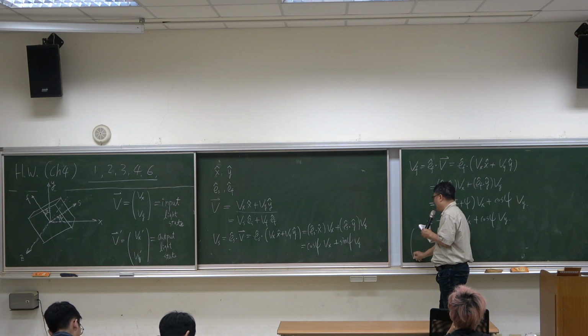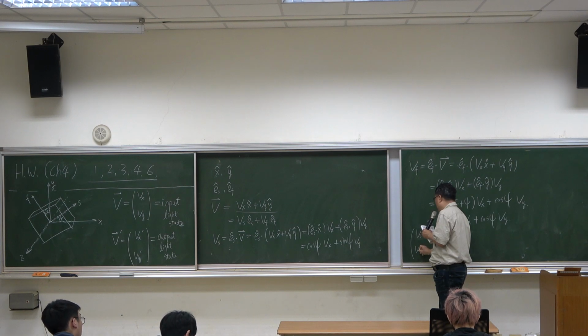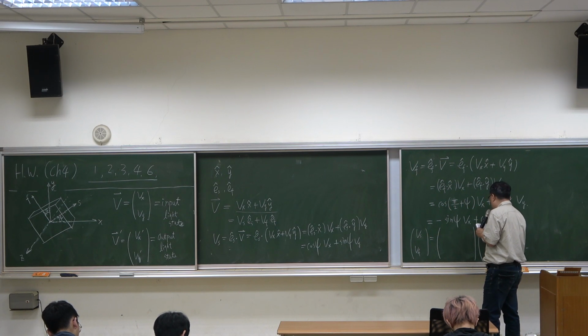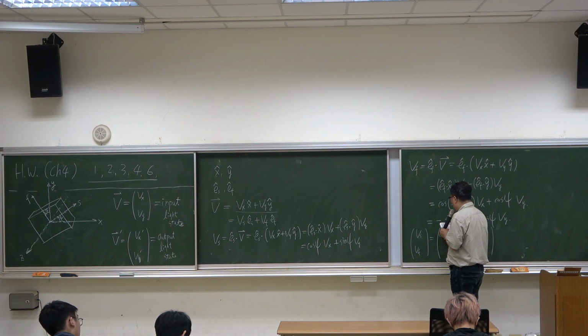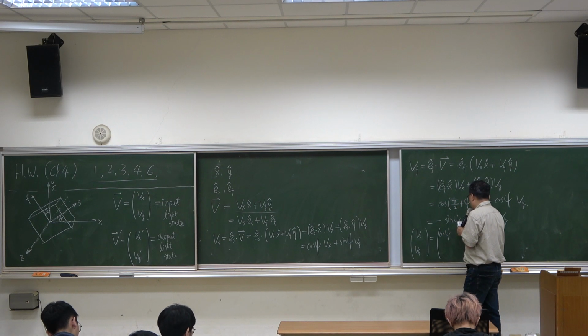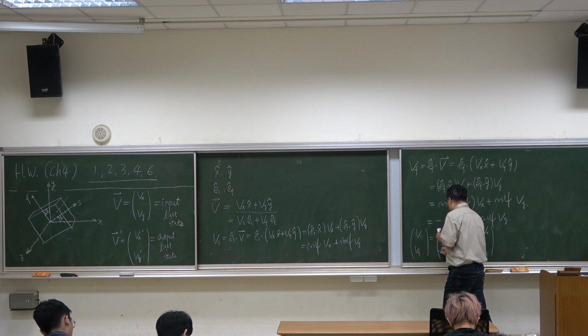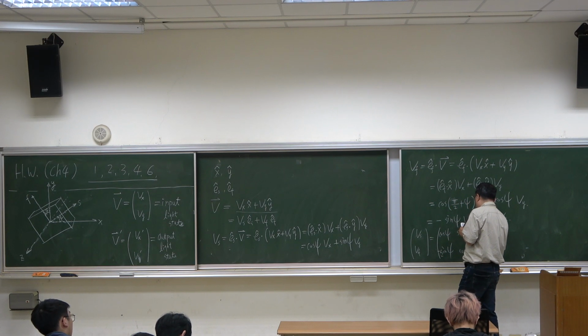So finally we have (Vs, Vf) equal to the matrix with rows (cosine psi, sine psi) and (minus sine psi, cosine psi) times (Vx, Vy). Okay.